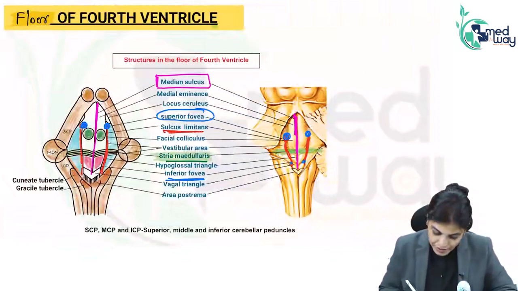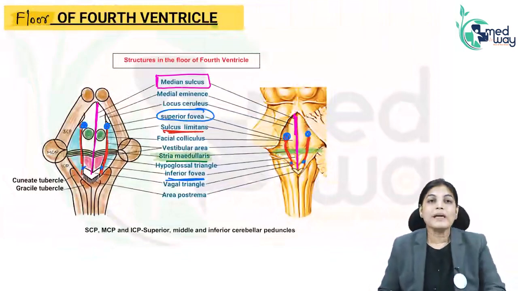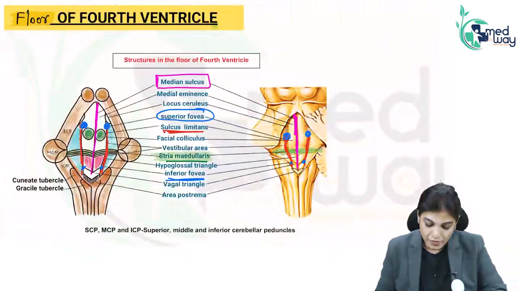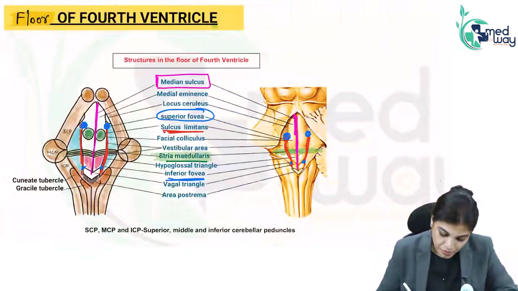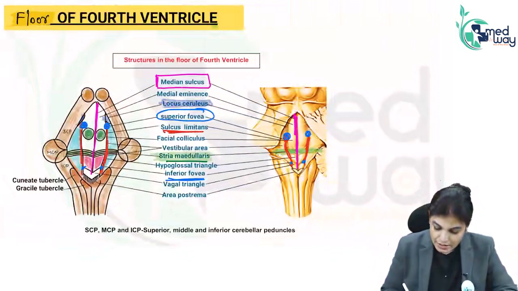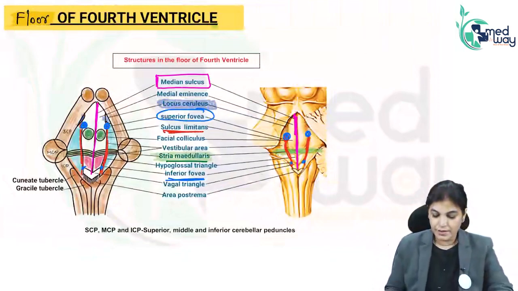Now, exactly above the superior fovea, you can see there will be bluish discoloration, and this discoloration is called as locus coeruleus. This is called as locus coeruleus. Okay.